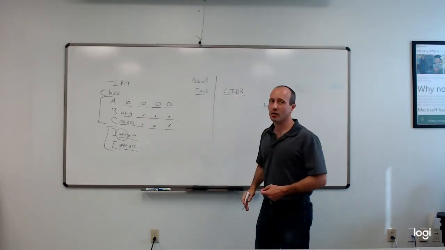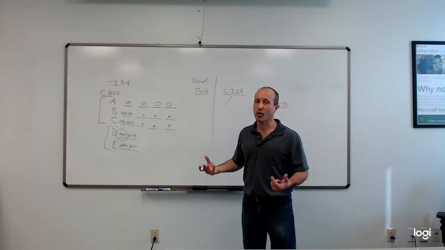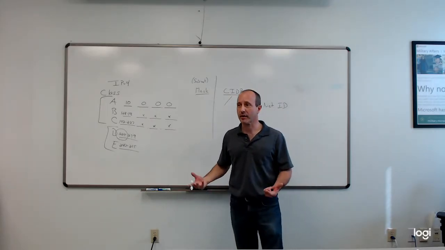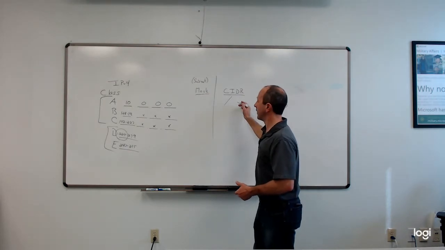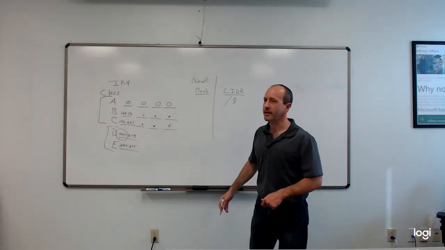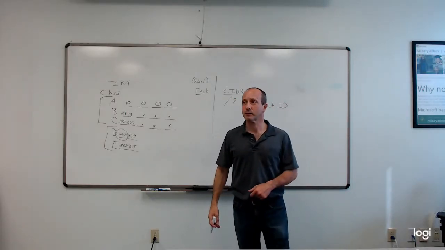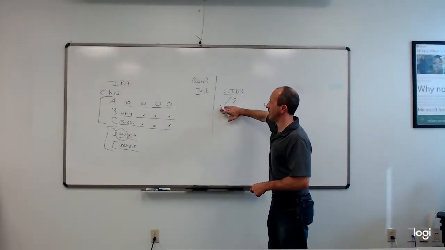A CIDR is going to be a slant value. It's also called a prefix, in case you hear that word. Slash, slant. But for Class A, it's going to be an 8. Now, what does that mean?